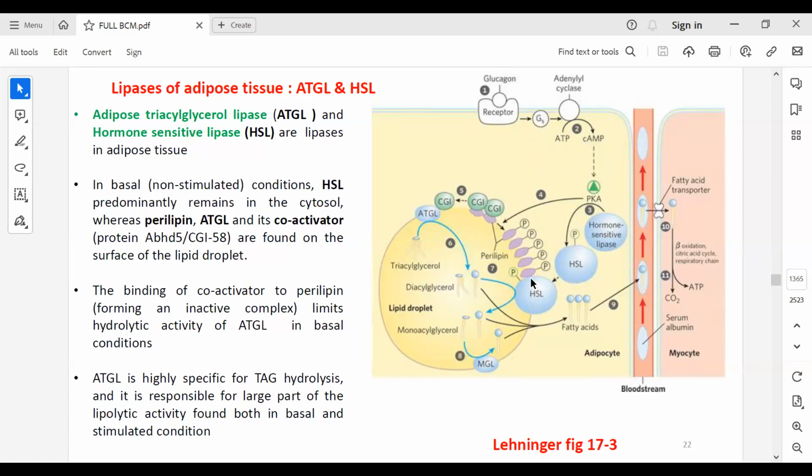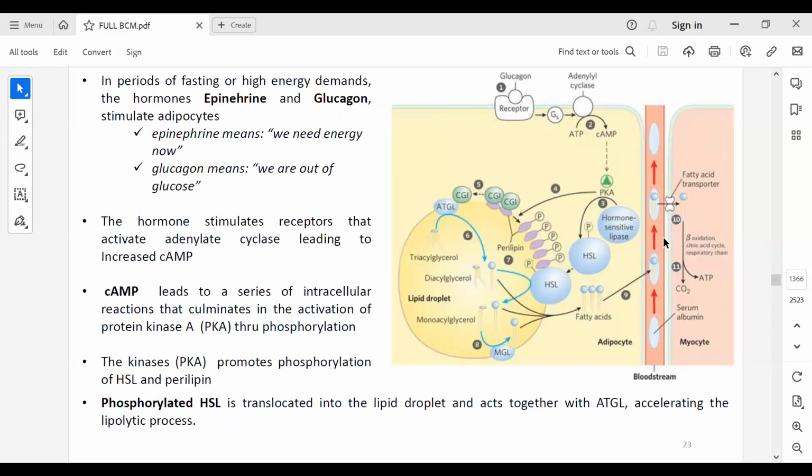A series of processes will occur, which will break your triglycerides into free fatty acids and monoglycerols, which can be released into the blood, and serum albumin will transport them, maybe to the liver, maybe to the heart, because the heart uses free fatty acids. That's what I wanted to show you in general, not go into the detail of how each and every one of these functions.